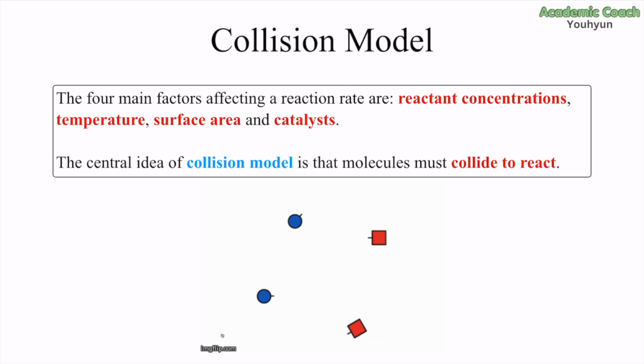Chemical reaction is all about breaking a bond and forming a new bond, and bonds cannot be broken or formed without collision. Particles must collide with a certain amount of energy, so that new bonds form or old bonds are broken. The collision model will explain how all four main factors affect reaction rates.